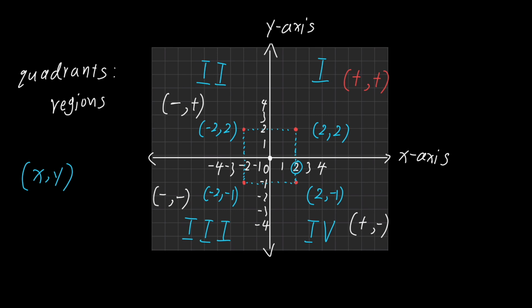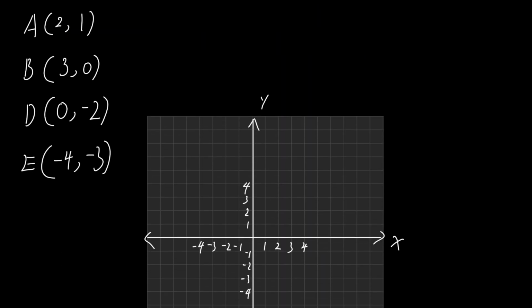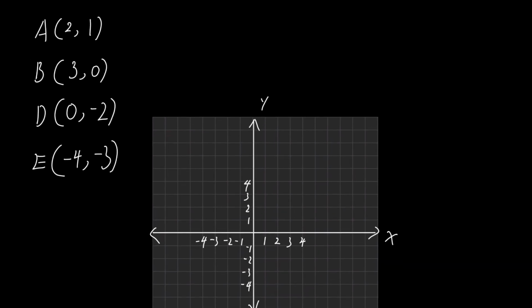Let's see some examples of how to draw those points. And again, the general form of the point is x comma y. X and y can represent any numbers. And as you can see, there are some points, and we have some letters right now.